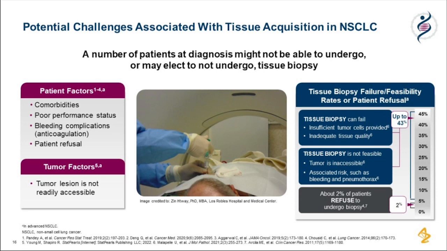You could have insufficient tumor cells in the collection; even though you can get a diagnosis of malignancy, there may not be enough tumor DNA, which can result in inadequate tissue quantity and quality. Tissue biopsy may not be feasible, right? The tumor is inaccessible. There are associated risks, such as bleeding and pneumothorax, and approximately 2% of patients refuse to undergo biopsy.